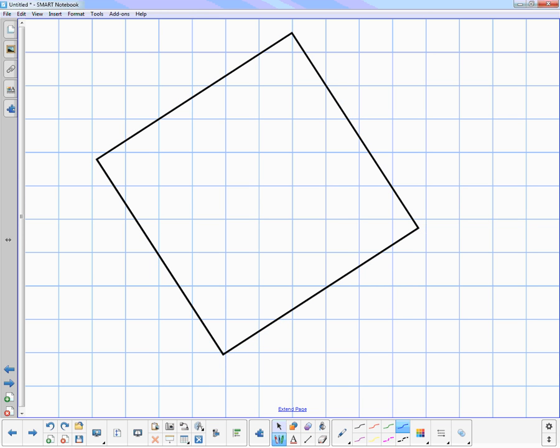All right, let's see if we can figure this guy out. Let's find the slope of this side. Can you guys figure out the slope of that? I'll give you a hint. That's a point, for those of you who can't see it, and that's the point. Find me my slope.